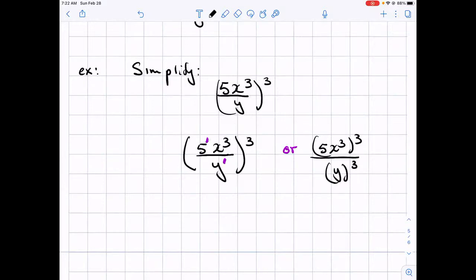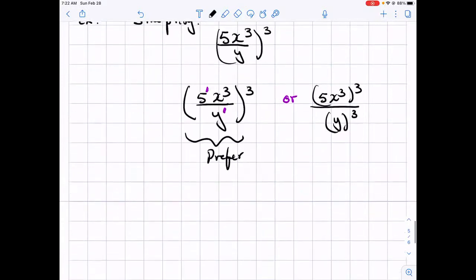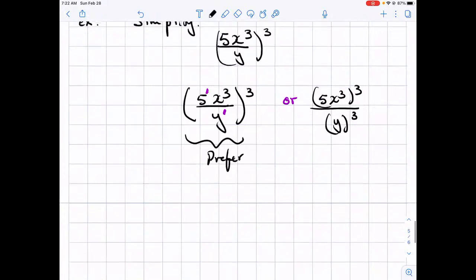Now, I prefer this. The reason I prefer this is because there is a rule called PEMDAS. Remember, P stands for inside of the parentheses first.